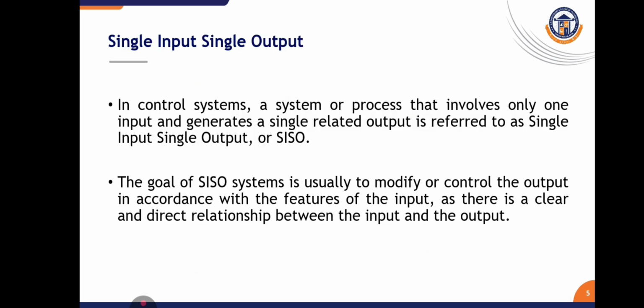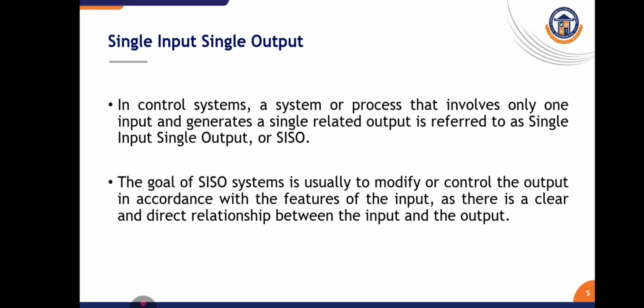So next, single input and single output. In a control system, a process that involves only one input and generates a single related output is referred to as single input, single output, or SISO. The main goal of SISO systems is usually to modify and control the output in accordance with the features of the input.